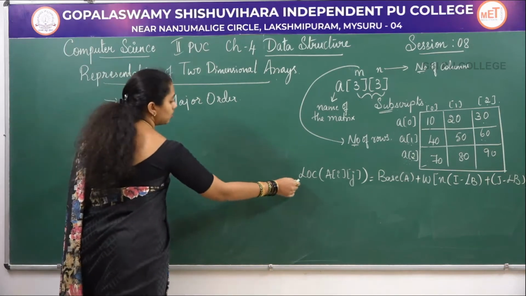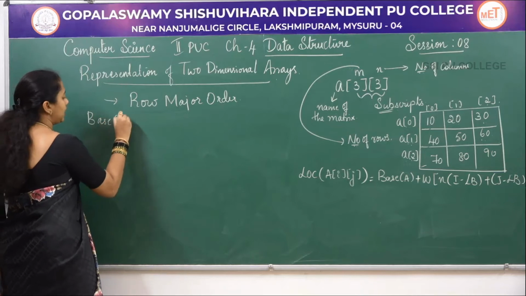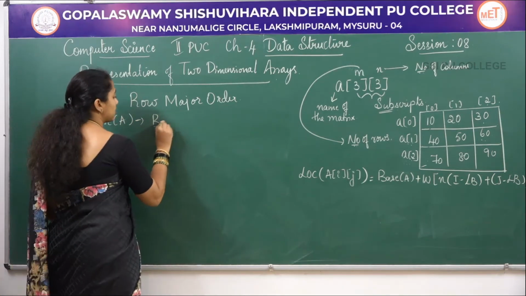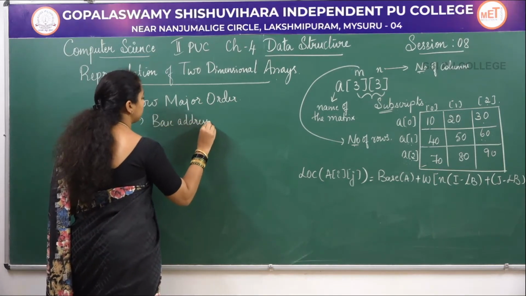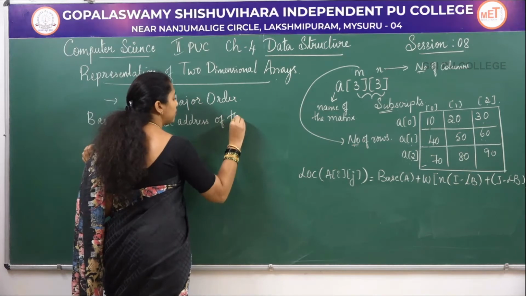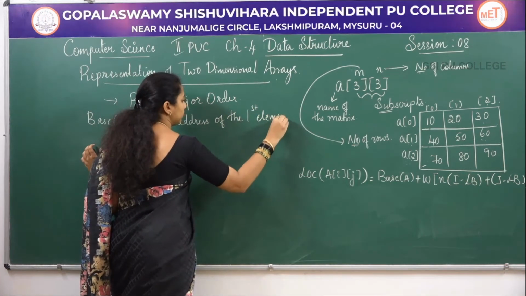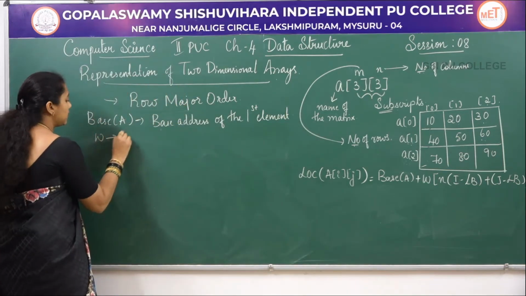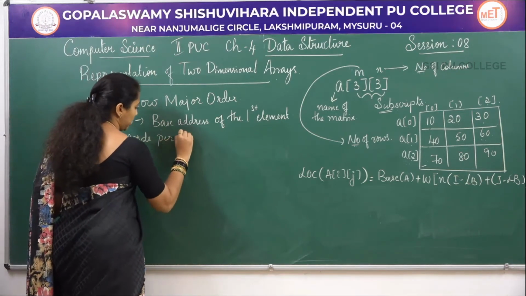So, now let's write what base of A represents. Base of A is nothing but the base address of the first element. W represents words per memory location.